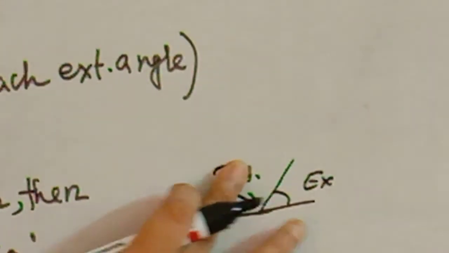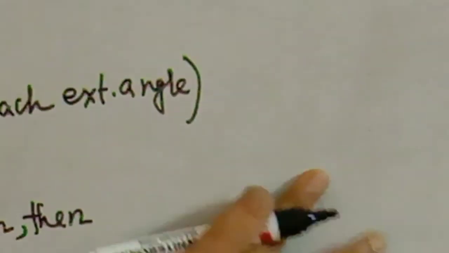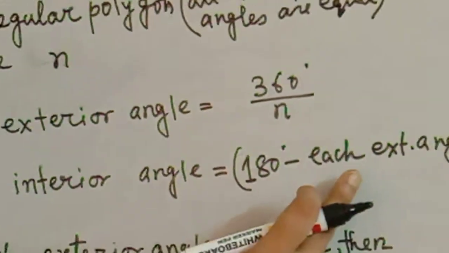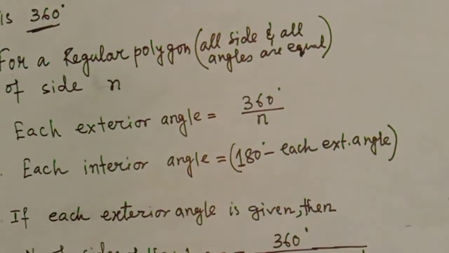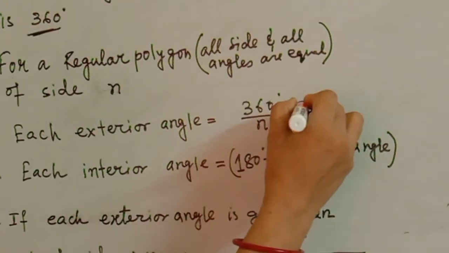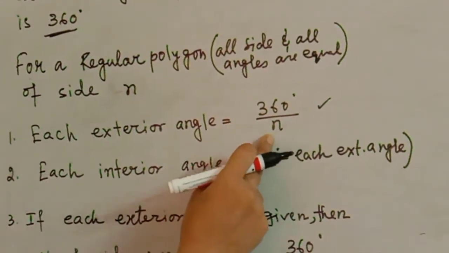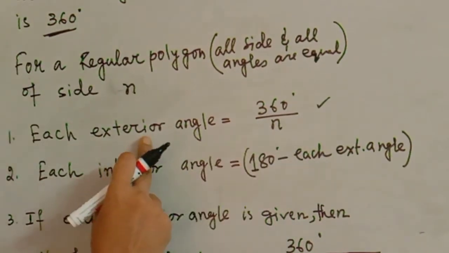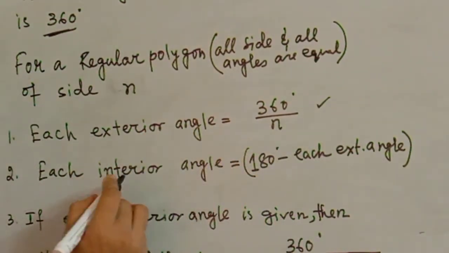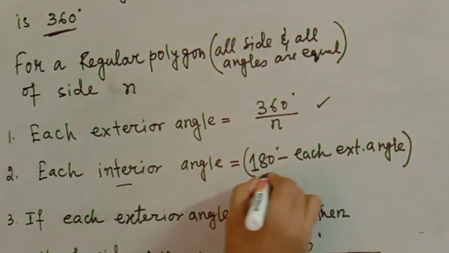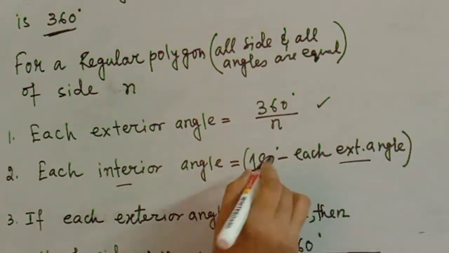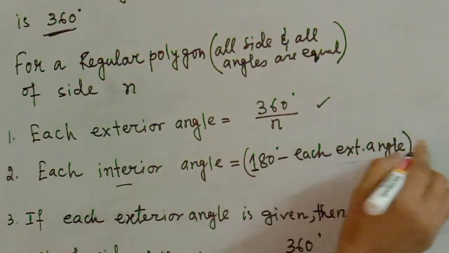So one formula is 360 by the number of sides of the regular polygon, which gives each exterior angle. To find each interior angle, you subtract the exterior angle from 180 degrees.